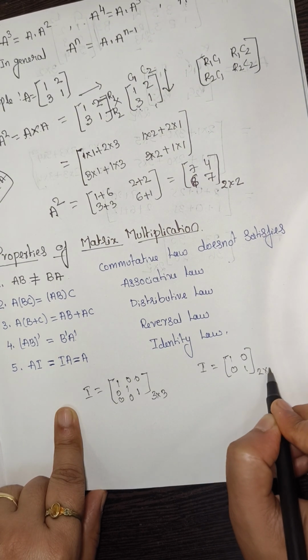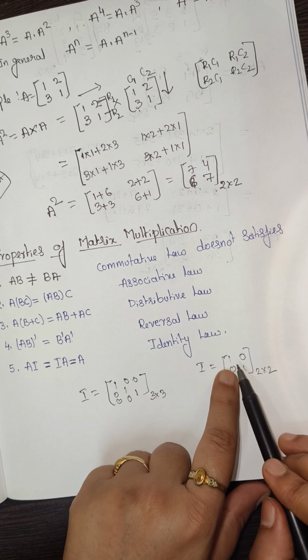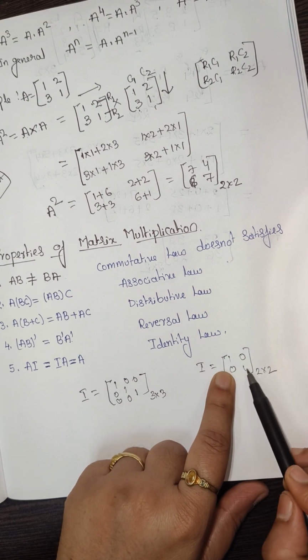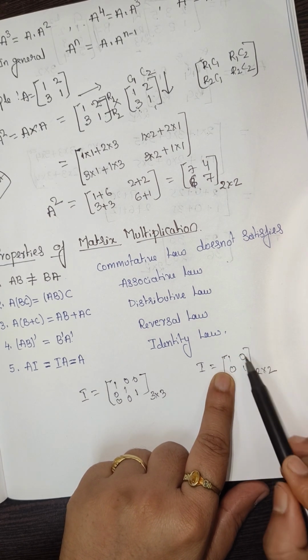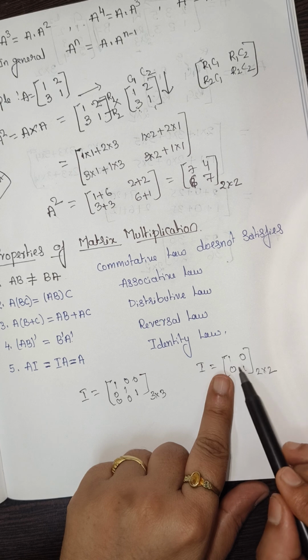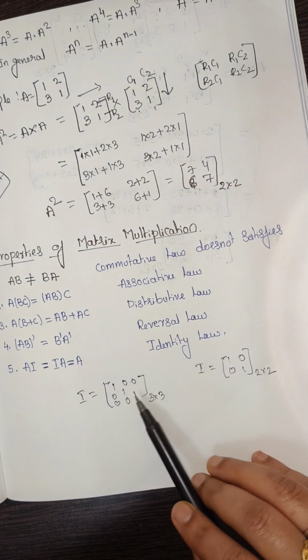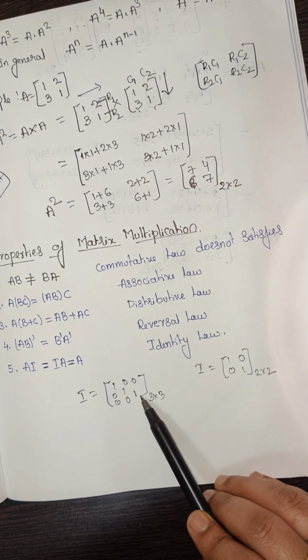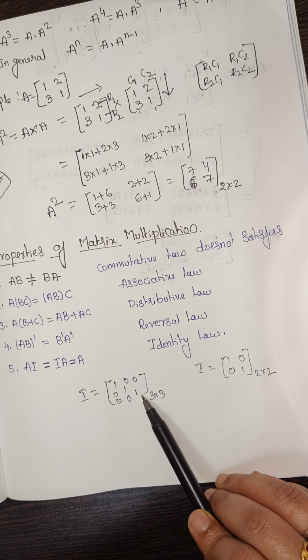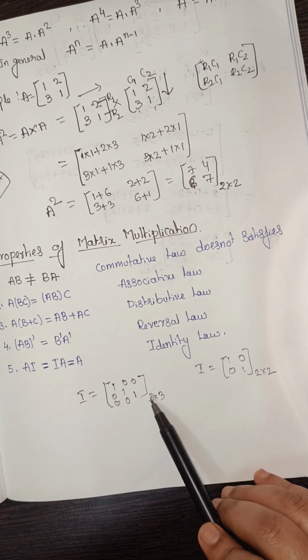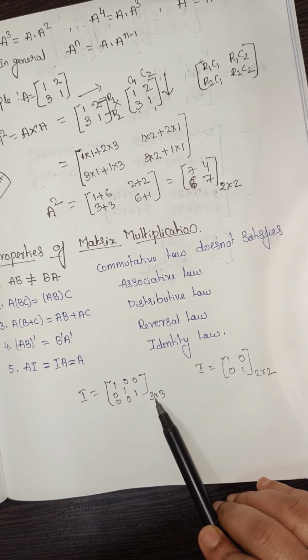It's called the identity matrix. Identity matrix means it's a scalar matrix whose diagonal elements are equal to 1 and all remaining elements are equal to 0. Only the principal diagonal elements are 1 1 1 and the remaining are all 0. You should remember this.